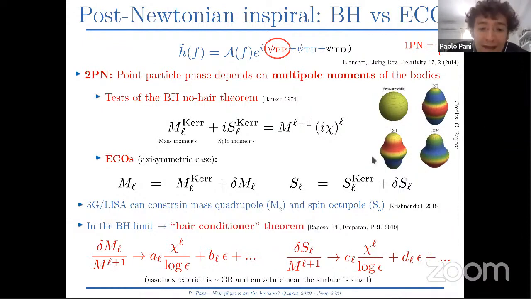But not only that, it's possible to show that these corrections in the black hole limit, when epsilon goes to 0, have to be small, unless essentially the curvature of the space-time diverges, and they have to satisfy the scaling with this logarithmic behavior of epsilon, which is interesting because this is the same echo delay time shown before, this log of epsilon correction. It's important because it gives you a handle to test very small values of epsilon, of course, because if it scaled linearly, this correction would be tiny when epsilon is very small.